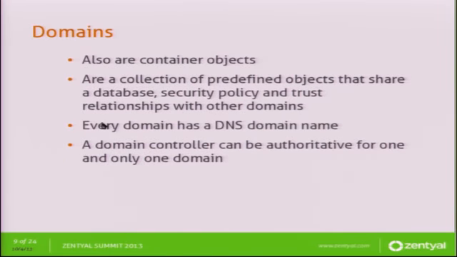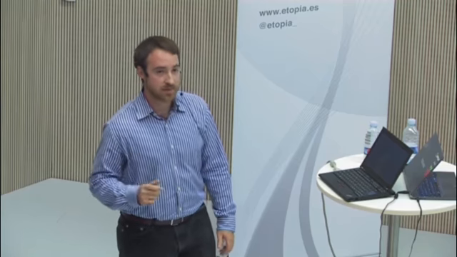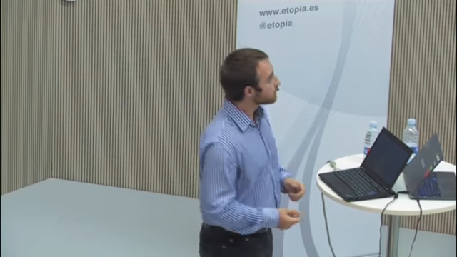What makes domains special is that every domain has a DNS name. Active Directory is really tied to DNS, and Active Directory doesn't work without DNS because all the clients use it to find the domain controller for the domain to which they are joined.